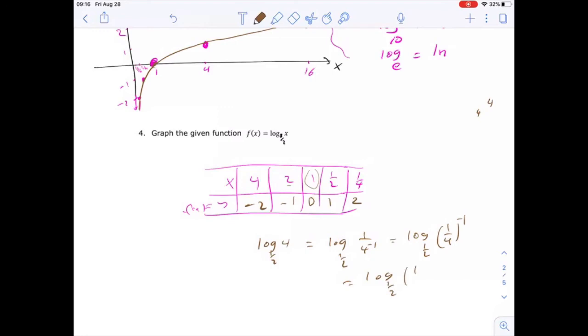And then log base 1/2 of 1/2 squared raised to the power -1. And from power to power we multiply, so we get log base 1/2 of 1/2 to -2. And then we bring this here to get -2 log base 1/2 of 1/2, and that's equal to 1. But you don't want to do these ugly computations. You may use that observation. If you have 1, 2 on the right hand side, you just change the signs of these numbers.